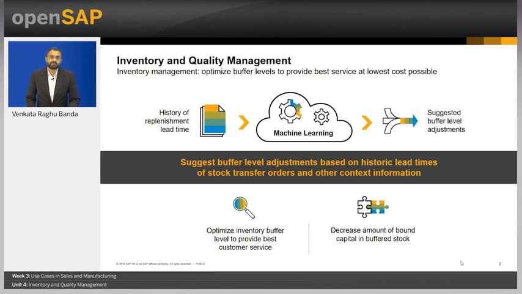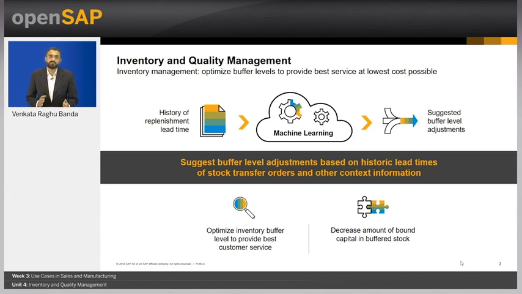And now, as an extension to this use case, from the production planner perspective, he or she would want to see how fast a particular stock is being moved or how fast it has to be refilled. So, in this use case we are focusing more on demand driven replenishment, and we are trying to see how best I can optimize my buffer level so that I do not have too much stock, so that I do not need to pay so much on storage costs, or carry too little stock so that I will be losing some business.